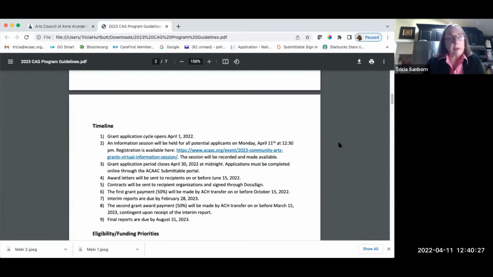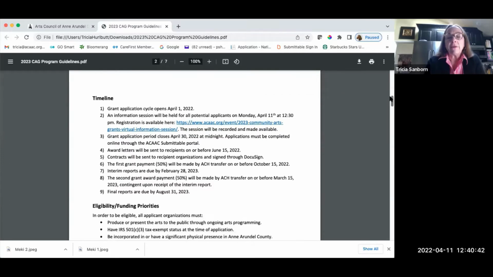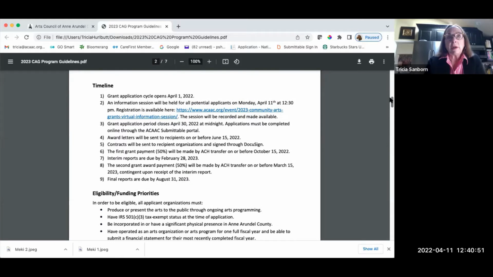No more old PDFs that you had to take a picture of and send back. It's become a much more streamlined process for us. And we're keeping the time frame on the payments the same. It's 50% on or before October 15th and another 50% on or before March 15th. As always, contingent upon receipt of the interim report.